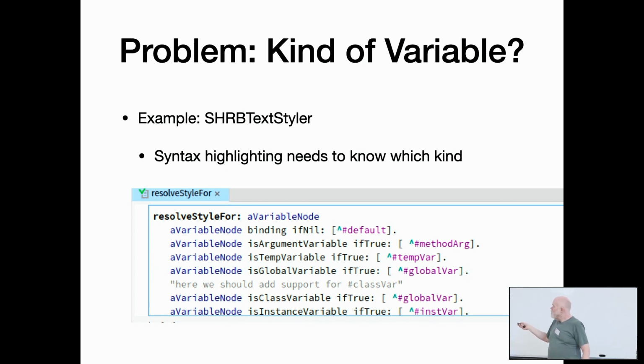That means we have methods that ask: is this an argument? Is this a temporal variable? Is this a global variable? Is this a class variable? Is this an instance variable? And it returns true for these cases. So you can ask the node, are you a node that references an instance variable? Or are you a node that references a global variable?